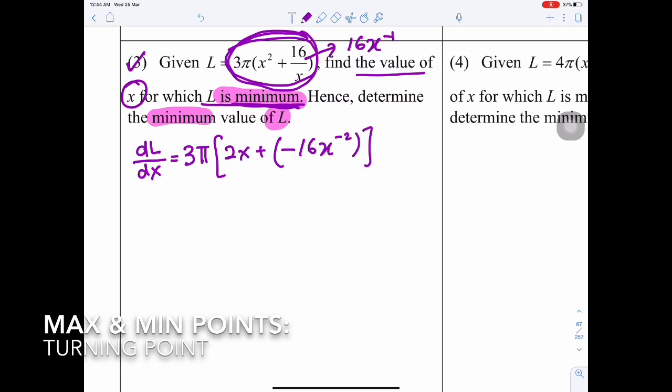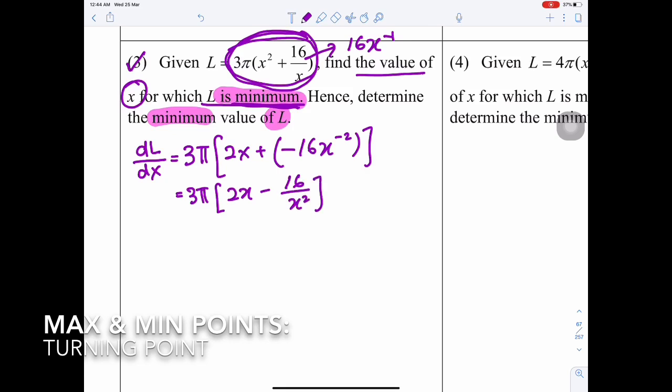Then just rearrange 3 pi, 2x minus 16 over x squared.